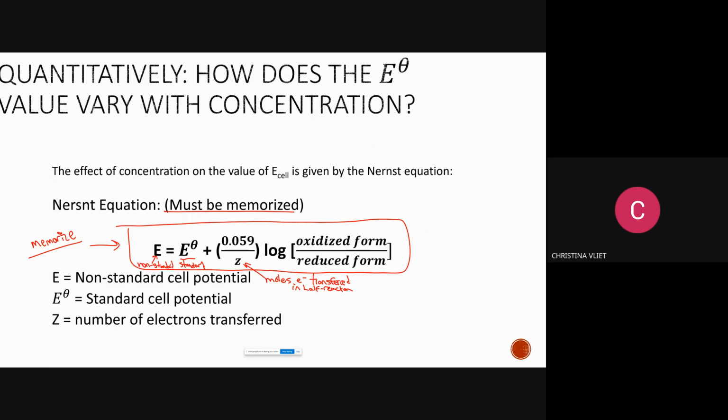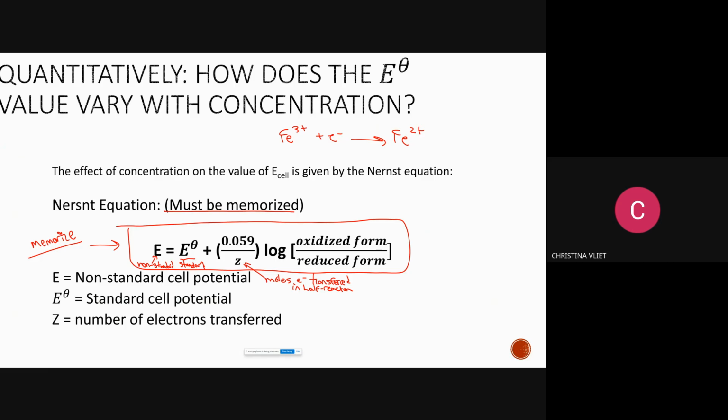So the oxidized form of your half equation will be the one that has the more positive charge, and the reduced form will have the less positive charge. So for example, if I had Fe3 plus plus e minus goes to Fe2 plus, which of these two would be my oxidized form of iron?